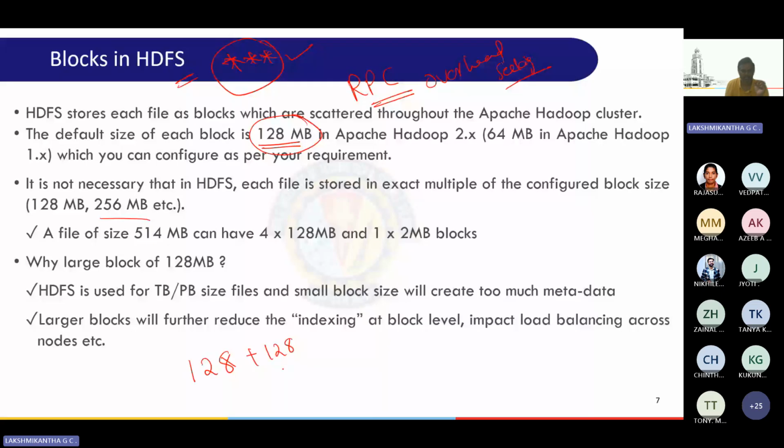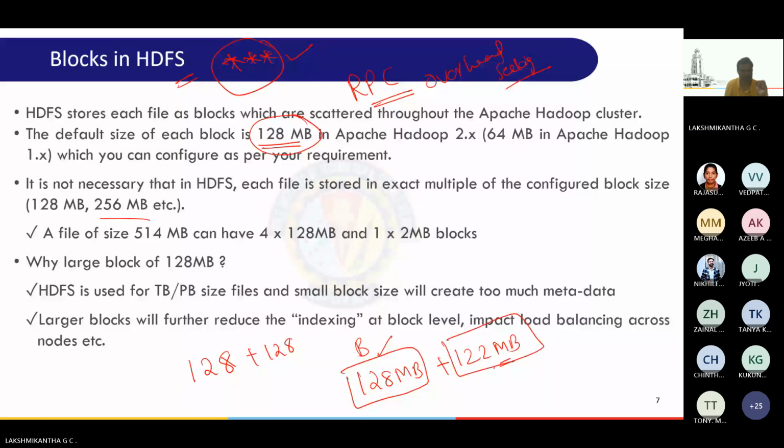So 128 MB in one block plus 122 MB in another block, correct? This first block is completely occupied and the other block is not completely occupied. It occupies only 122 MB.